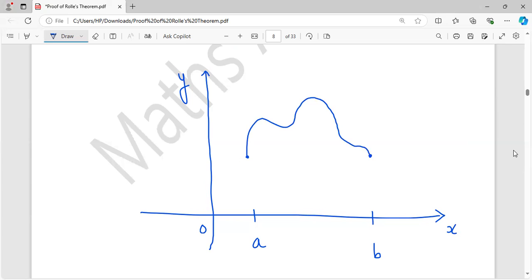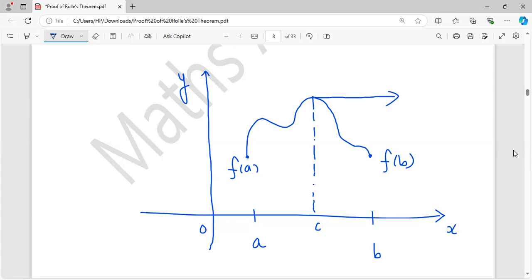This is f(a) value and this is f(b) value. So this says there will exist at least a point c here, where the derivative will be 0.